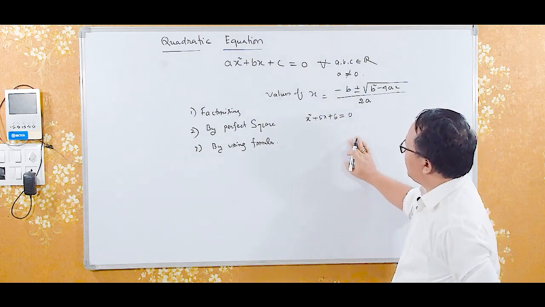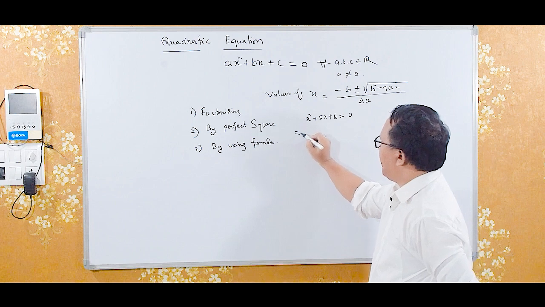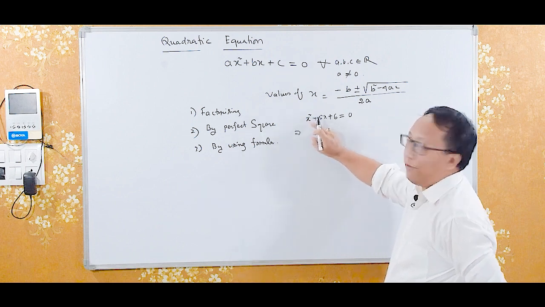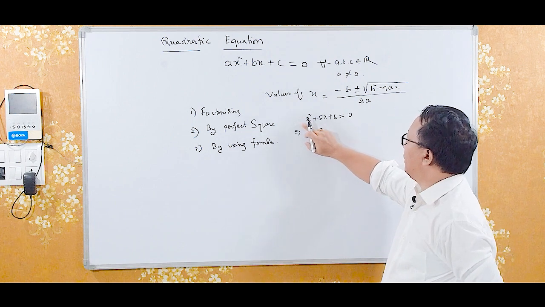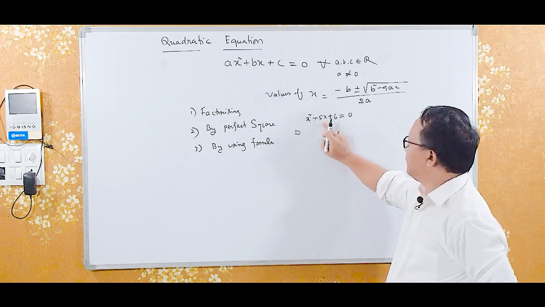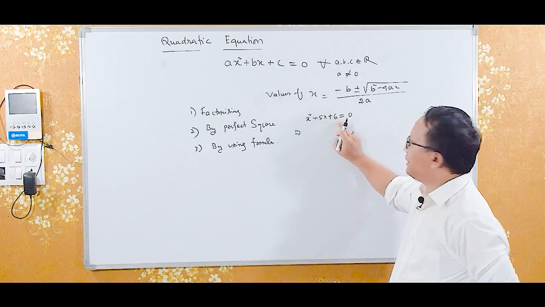Now, factorizing method means what? The coefficient of x² is 1, the coefficient of x is 5, and the constant term is 6.